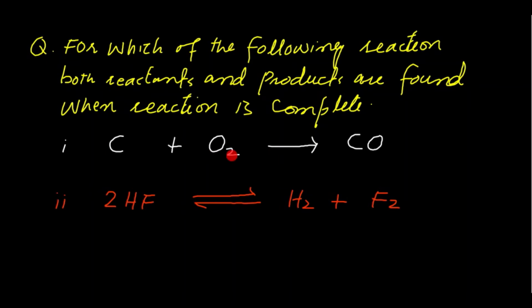In this reaction, the product does not decompose to give reactants under the same reaction conditions. It means carbon monoxide is unable to decompose to give carbon as well as oxygen. So therefore, reactants and products are not found when the reaction is completed.